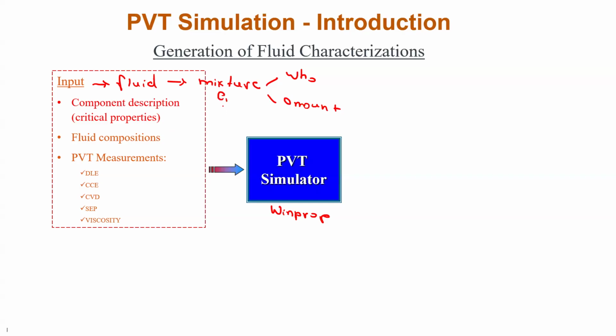For example, methane, ethane, C3, C4. Those are the components commonly used to represent a gas mixture, and you need to know the mole fraction for each component. For a gas mixture, we use the gas mole fraction represented by Y. This information comes from a gas chromatography, so you need to have a fluid sample beforehand.